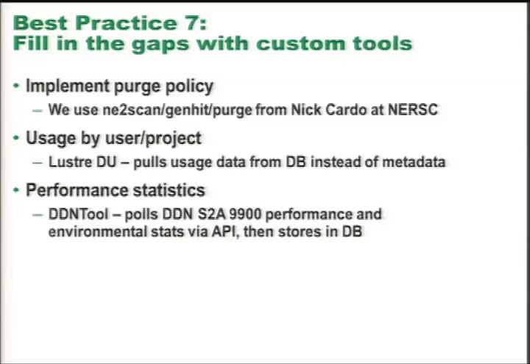We also wrote a tool we call DDN tool, which polls the DDN 9900 enclosures for performance and environmental statistics for graphing and later analysis, and we collect all of that in a database.